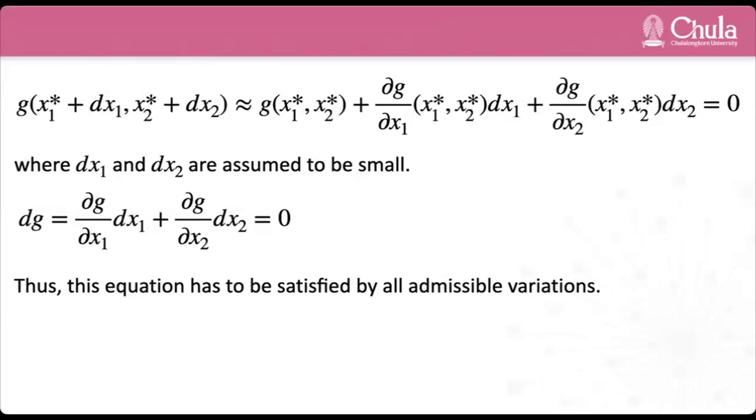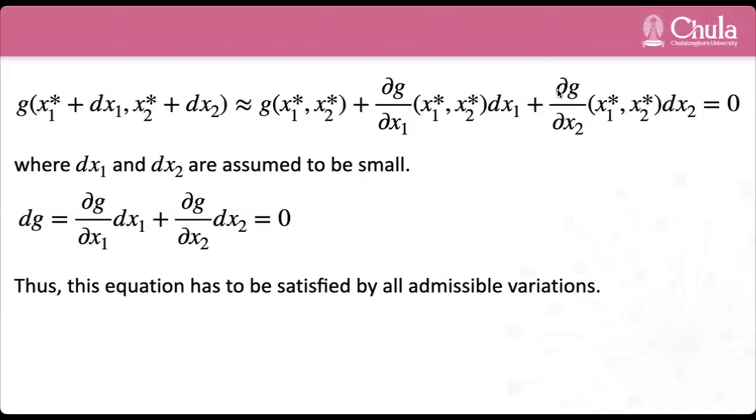It must be zero, right? This term is also zero, because that is an equality constraint. So if this term is zero and this is zero, right?